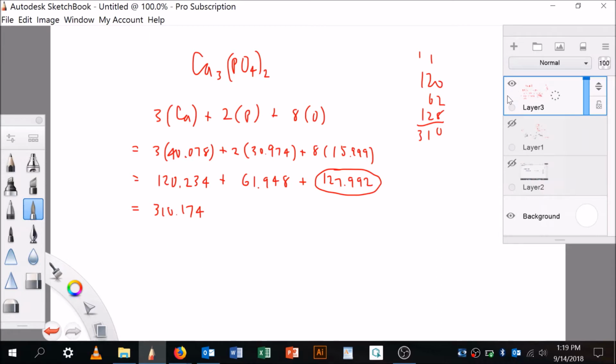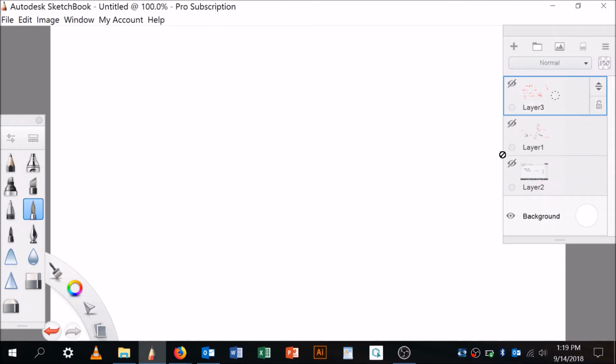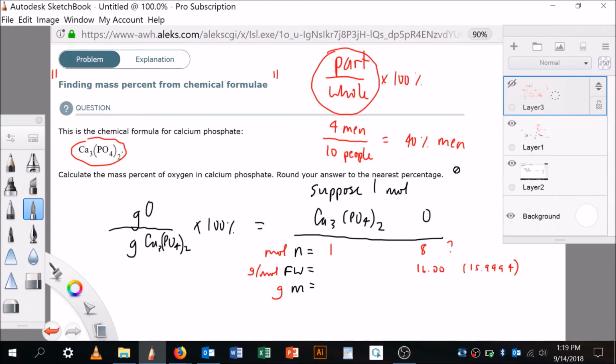Let me write that down: 127.992 and 310.174. Now I'm going to go back over here and write on top. This was 127.992, and this mass was 310.174.